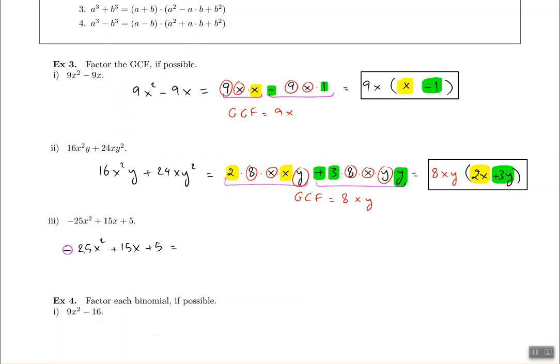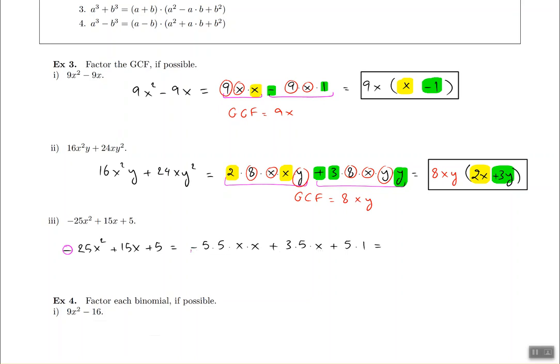So let's kind of look at it. Negative 25 could be written down as negative 5 times 5, and then x times x. The 15x can be broken down as 3 times 5 times x. And finally, at the end, there's the 5, which can be written down as 5, or 5 times 1 if you really want to.